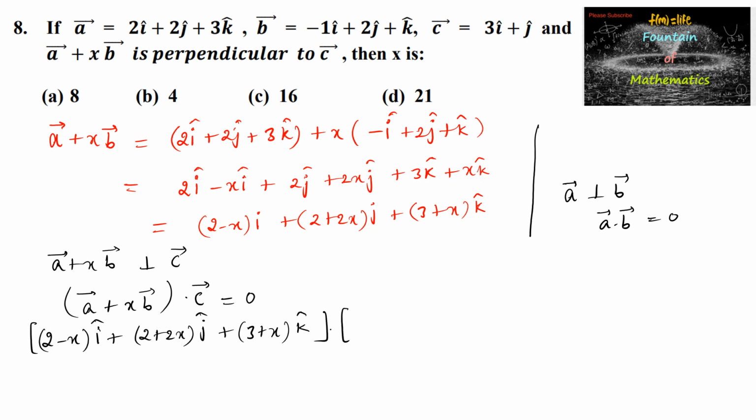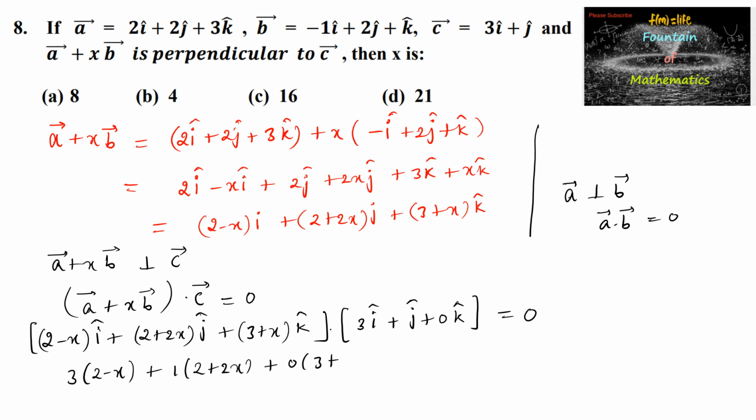C vector is nothing but 3i plus 1 times j plus 0 times k, which is equal to 0. So let us simplify here. 3 times (2 minus x) plus 1 times (2 plus 2x) plus 0 times (3 plus x) is equal to 0.